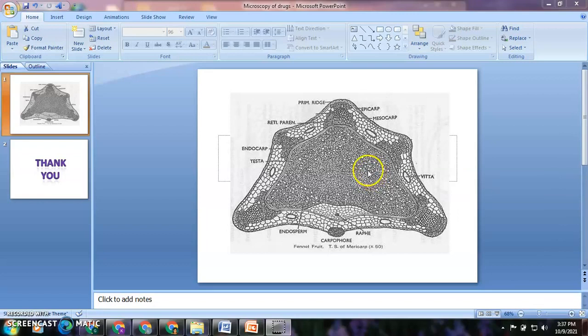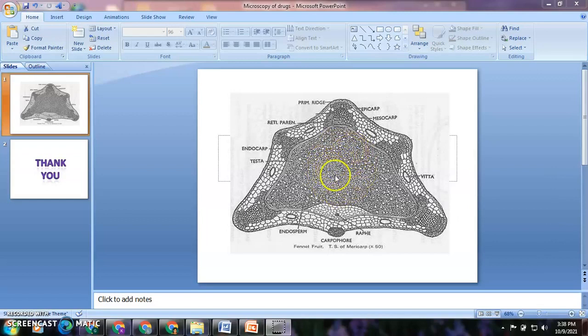Aleurone grains are nothing but the insoluble form of proteins, and the calcium oxalate crystals are rosette crystals. All these are present in this endosperm region.